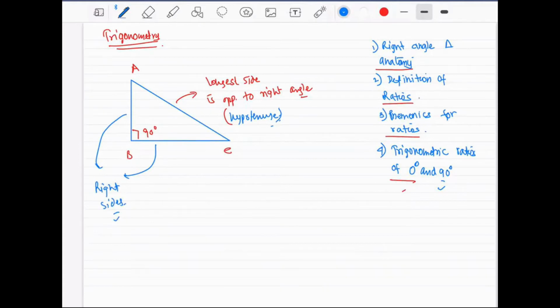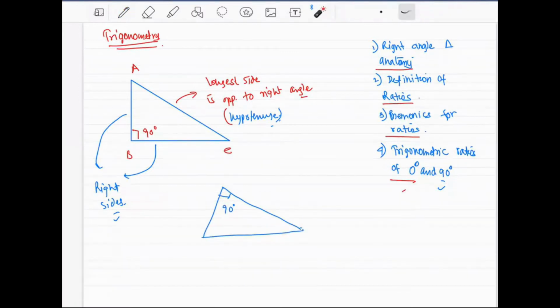So forget this. What you need to understand is where the hypotenuse is. Hypotenuse is opposite to 90 degree. Just understand it, okay? You might get confused if I draw the right angle triangle like this. What about this? If this is 90 degree, you might get confused which one is the hypotenuse. What you have to do is just look opposite to the 90 degree. This is the hypotenuse.